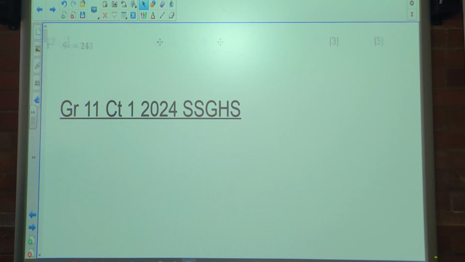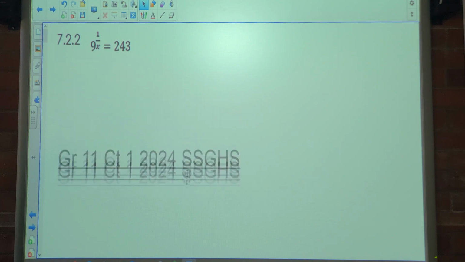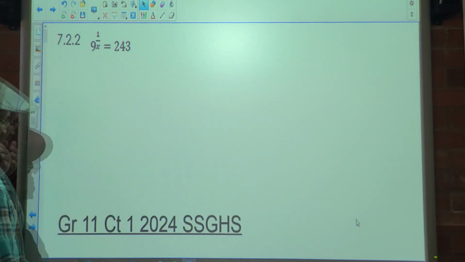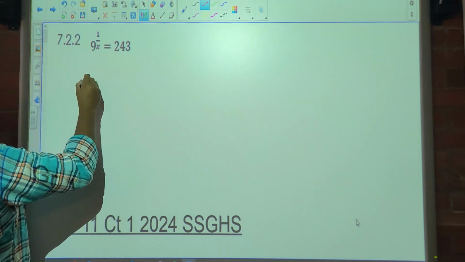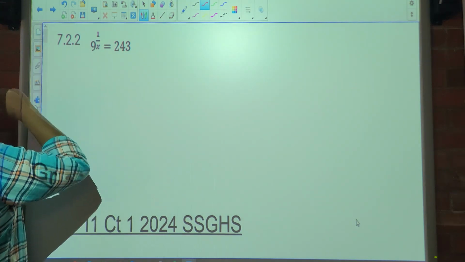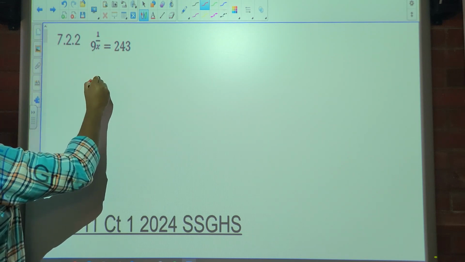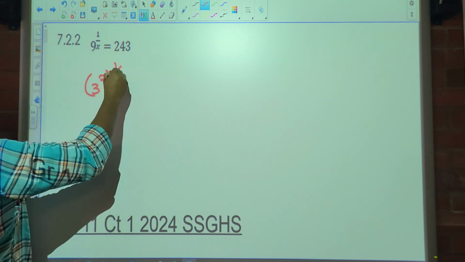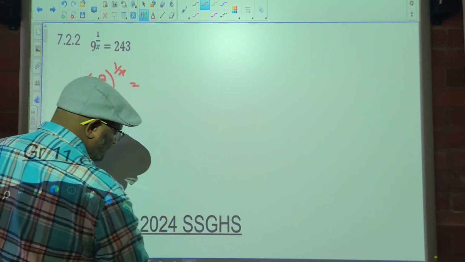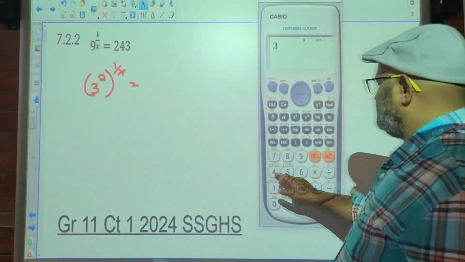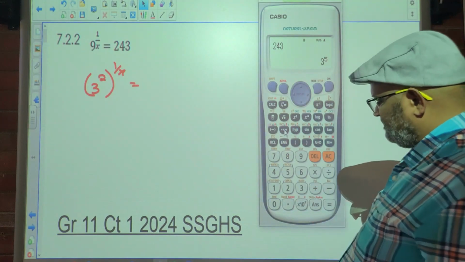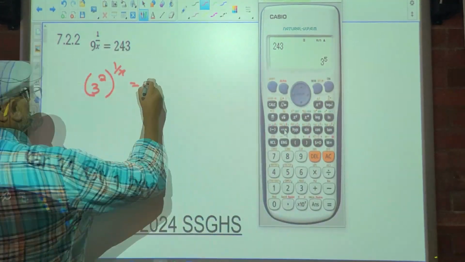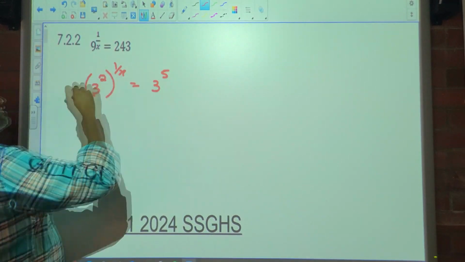Okay, the next one. We've got 9 to the exponent 1 over x is equal to 243. But 9 can be written as 3 squared, and 243 can be written as 3 to the 5. Remember, these are exponential equations.